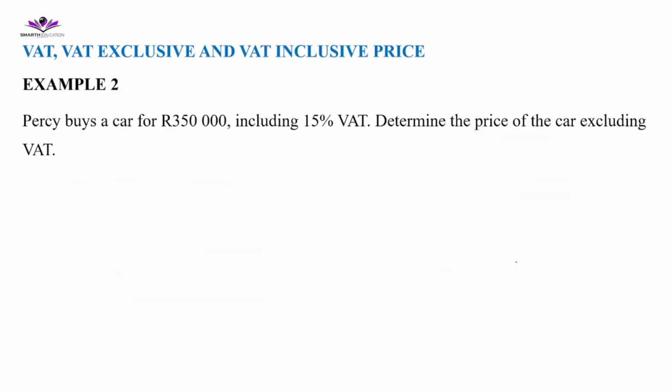Let's do example 2. Percy buys a car for 350,000 rands, including VAT. So it means this price is already VAT inclusive. Determine the price of the car excluding VAT. Right, what did we say? We said we can find VAT exclusive price by saying 100 over 115 times VAT inclusive.